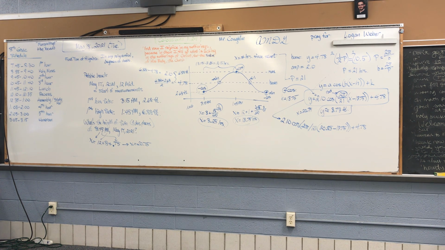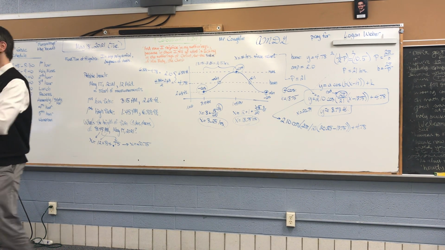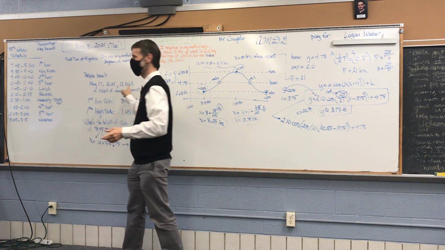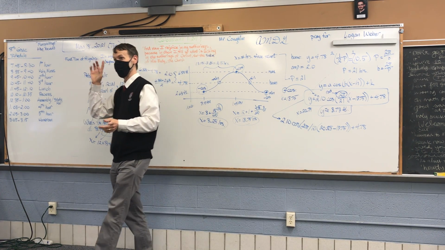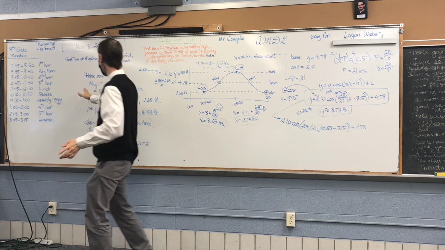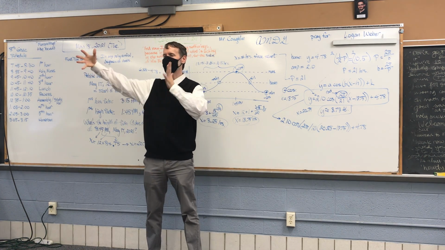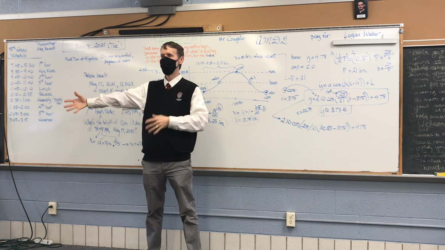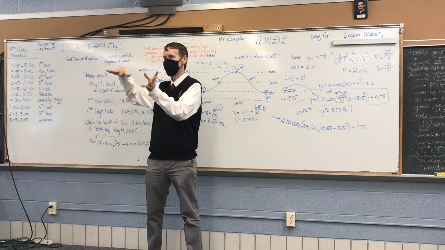How do you find out? 365 times 24. You get that number and put it off to the side. Then take the number of hours into the day. Everybody clear on that? If I have you go a year into the future, you take 365 days times 24. That's going to be a huge number of hours. Set it off to the side.